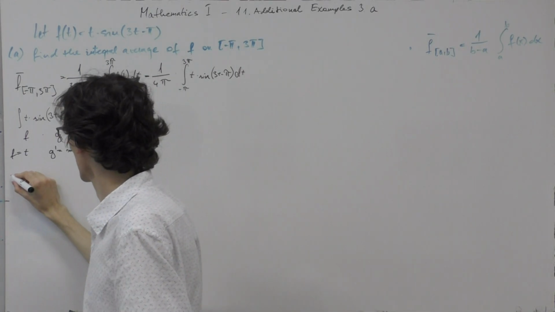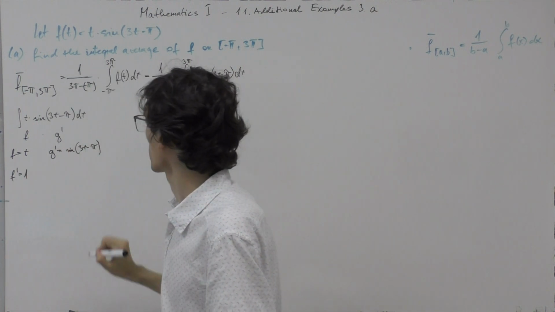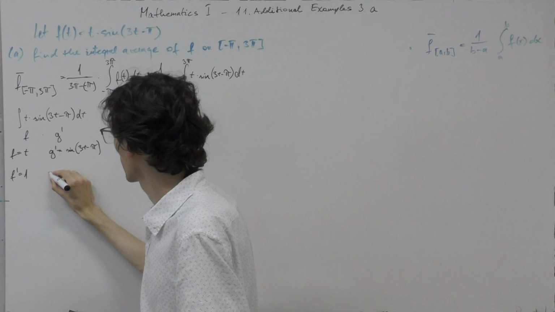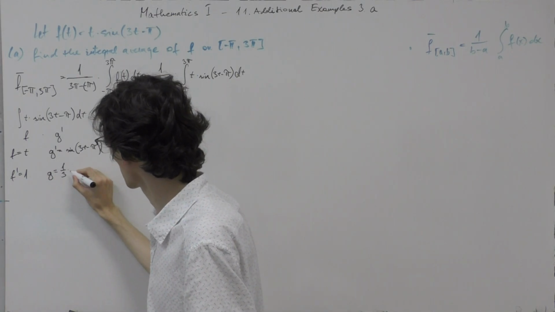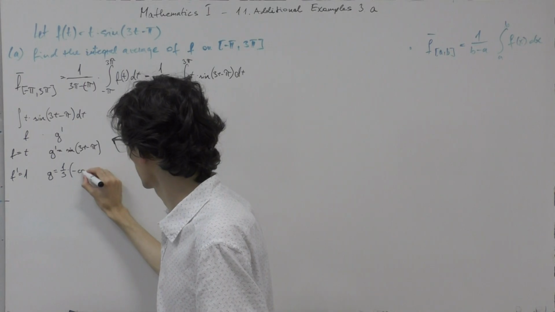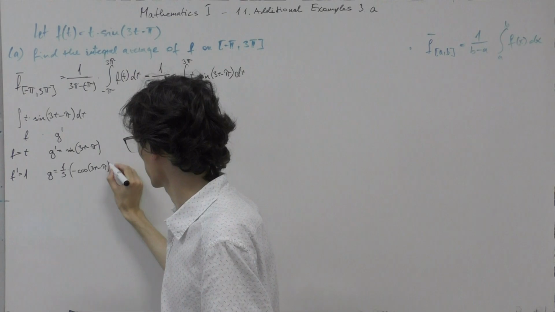Now we can find the other functions. We have f prime is 1 and function g is going to be 1 over 3 times the negative cosine of 3t minus pi.